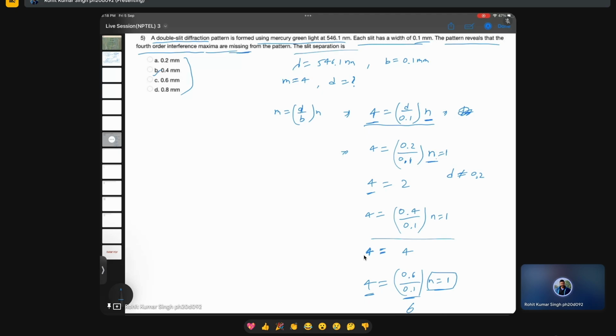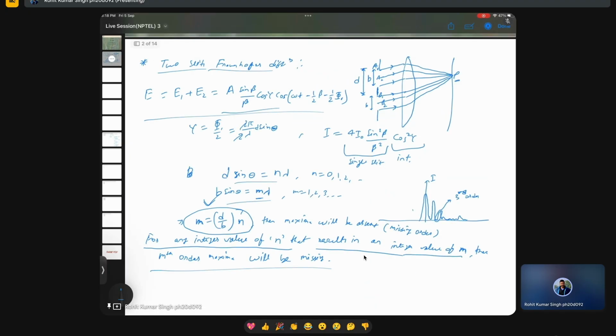Fourth order is missing means the first 3 orders are there, and the fourth order is missing. That means you have to check the minimum order of the diffraction minima that can satisfy this equation logically. Okay, sir. So this is how you'll have to solve this.